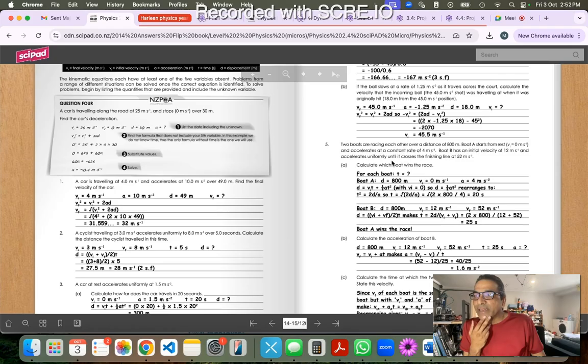In that case only, remember, the distance traveled is the average of the final and the initial velocity. So that's where they have taken these values, and you can see which boat wins from here.